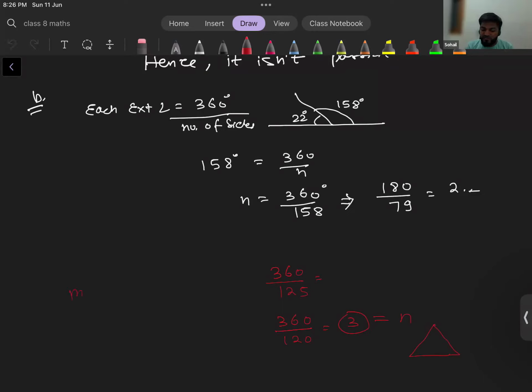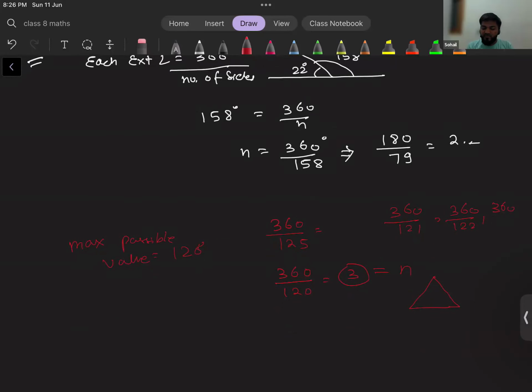So the maximum possible value is 120 degrees. If I take a value greater than 120, like 360 upon 121, or 360 upon 122 or 123, any number greater than 120 will not give you a whole number. That will always be a fraction.